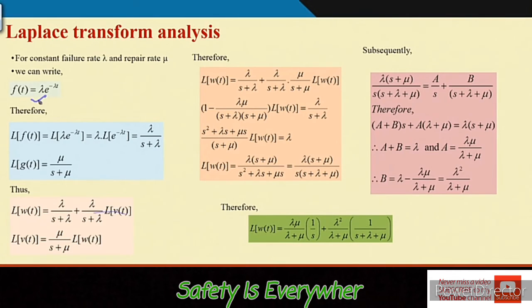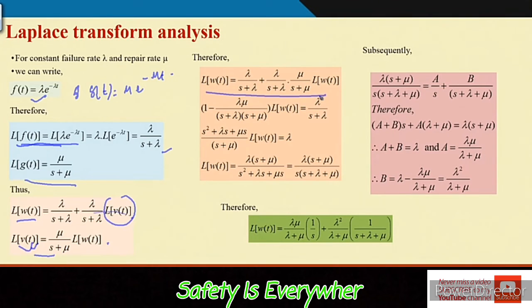We have considered g(t) equal to mu e to the power minus mu t, and then we have computed the Laplace of these, and we already have these two equations seen earlier. Then in this equation L{V(t)} is put from this equation, so that we will have only an equation related to L{W(t)}, and that is what you got here.